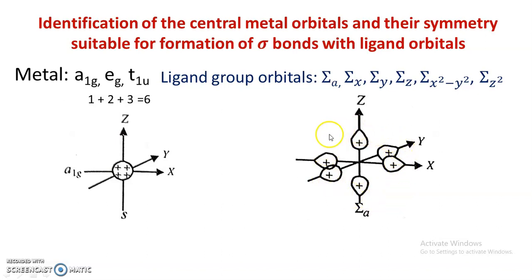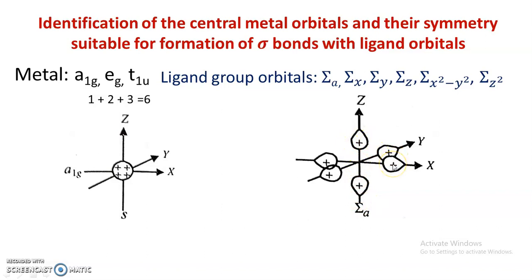So here there are 6 ligands and the ligands are occupying the corners of the octahedron. There are 6 corners for the octahedron, and in an octahedral complex the ligands are oriented along the x, y and z axes. Now as this lobe is positive for A1G, this spherically symmetrical orbital, as this lobe has positive sign wave function, all the lobes of the ligand group orbital are positive.